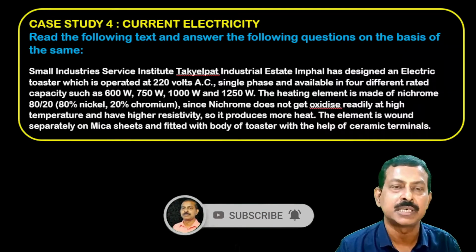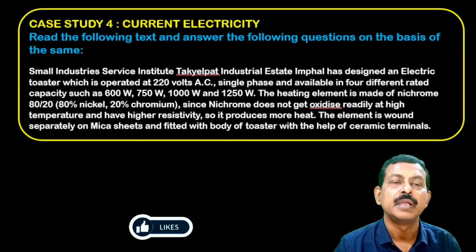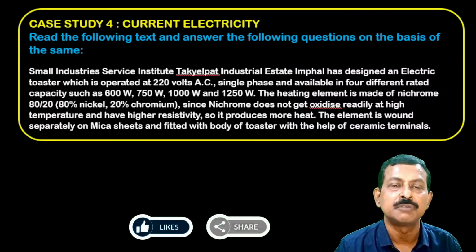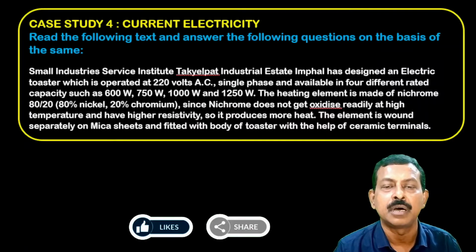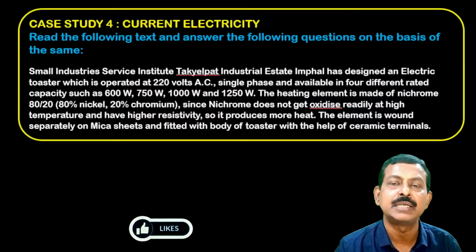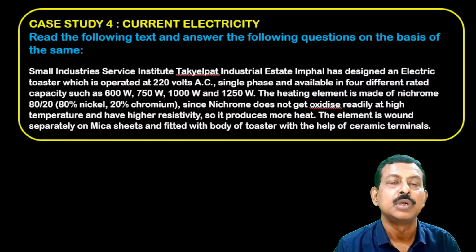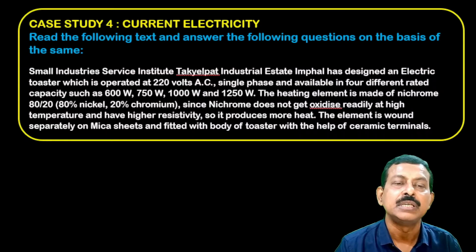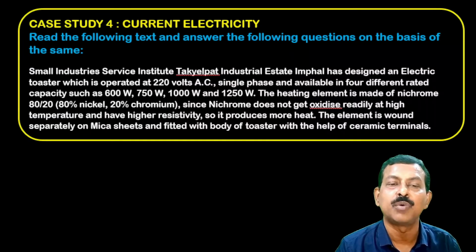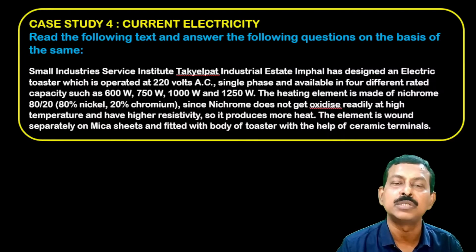In this case study, it is given that a small industries service institute, Takyelpat Industrial Estate, Imphal, has designed a toaster which is operated at 220 volt AC, single phase, and available in 4 different rated capacities such as 600 watt, 750 watt, 1000 watt and 1250 watt.